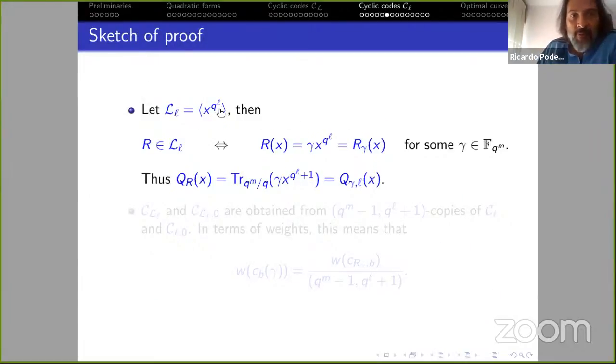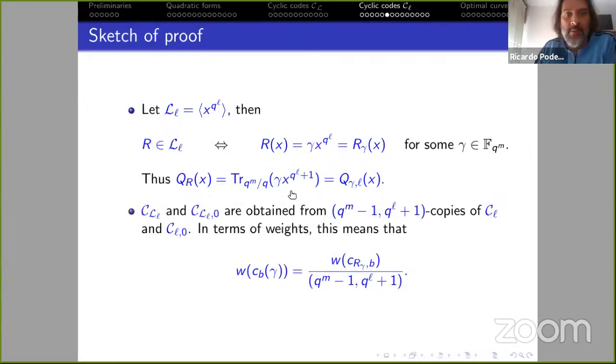Again, the sketch of proof is the following. We have this family. So the possible polynomials are just these things. So they are all multiples, and the associated quadratic form is this one. One observation is that these codes are obtained as certain concatenated copies of this one that we studied before, that we are considering now.